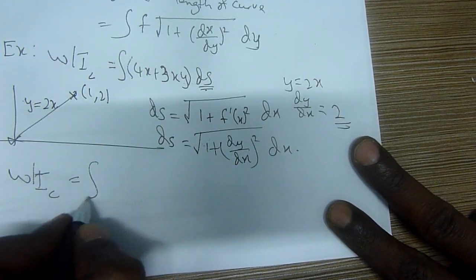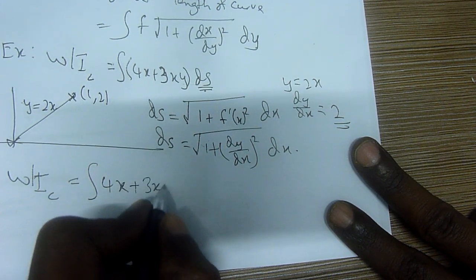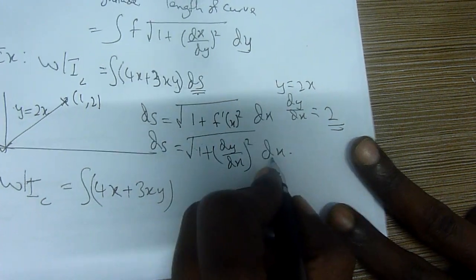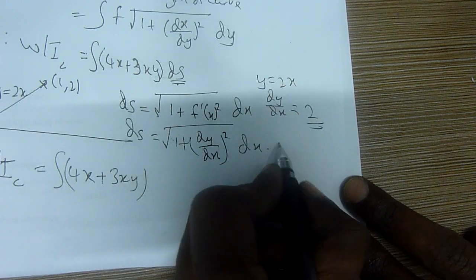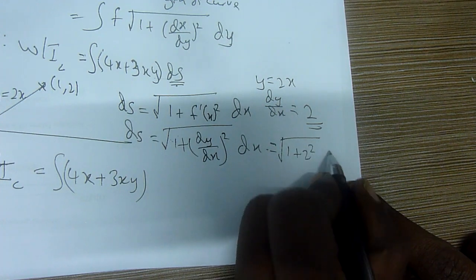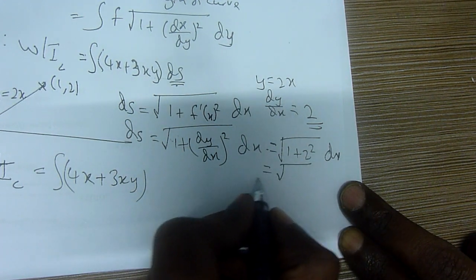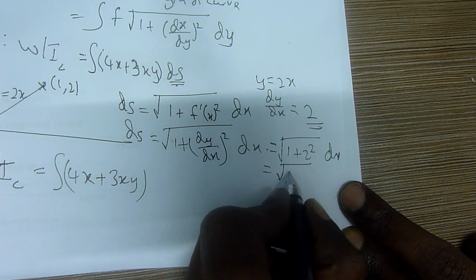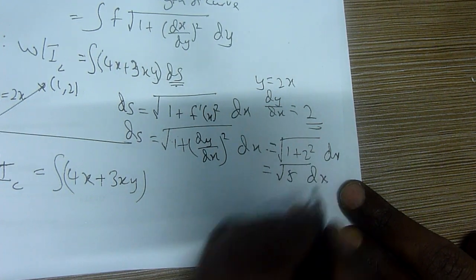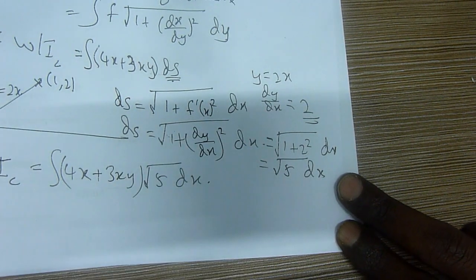The combination that I get here is 4x 3xy. When I substitute 2 here, I get 1 to 2 dx. Therefore ds is the square root of 5 dx.